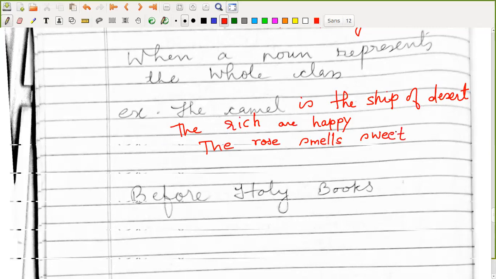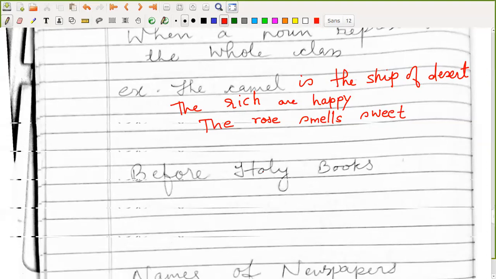So you use the when a noun represents the whole class. It is clear? The camel is the ship of the desert. The rich are happy. The rose smells sweet. Here camel, rich, and rose mean all the camels, all the rich people, all the roses.